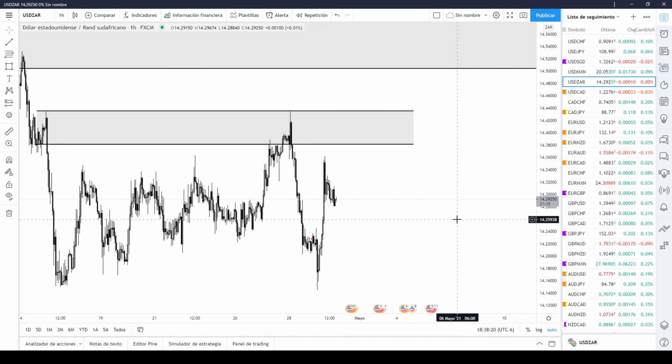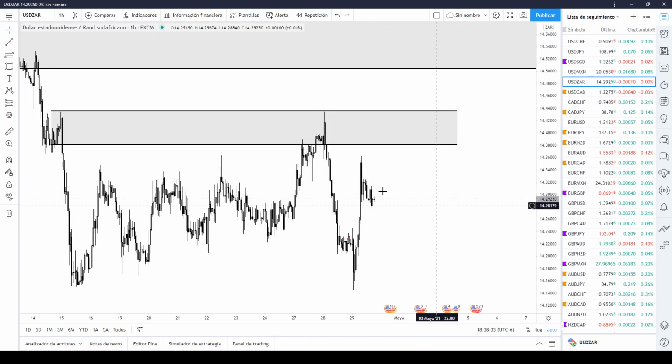But be aware that if you confirm using higher time frames, you get higher probability entries.